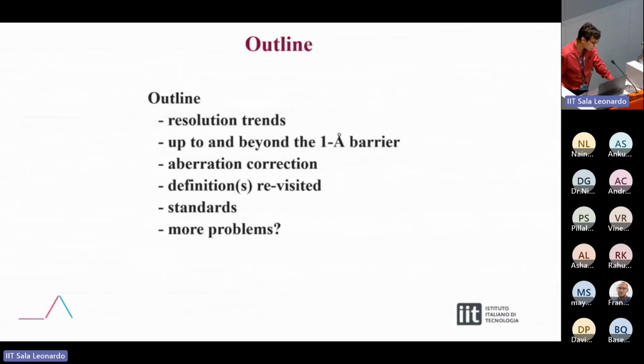Then the alignments and the stabilities improved with time, and today we have 0.5 angstrom resolution. Then how aberration correction was achieved after 70 years from the invention of the first electron microscope, and the problems that we can or cannot overcome, which decide the true resolution at the end.